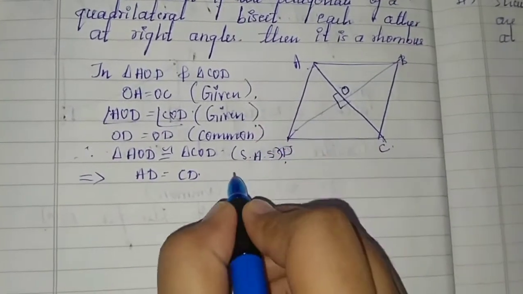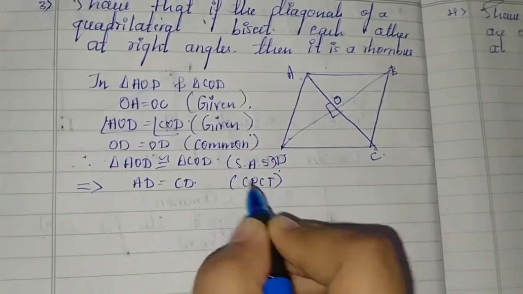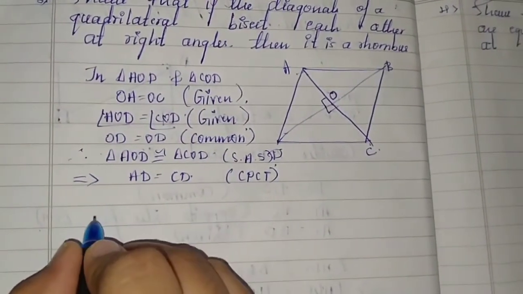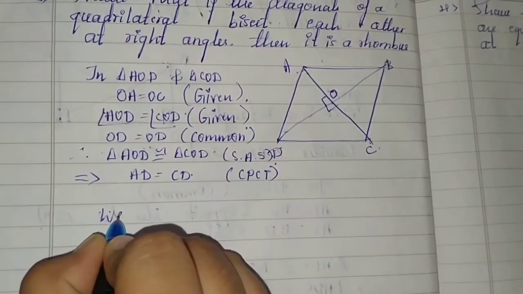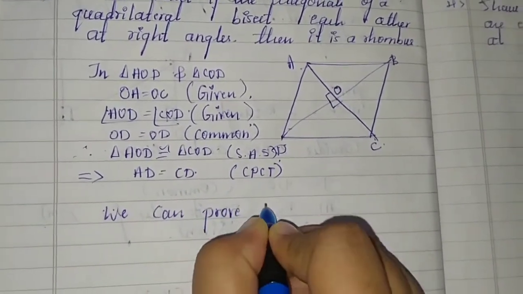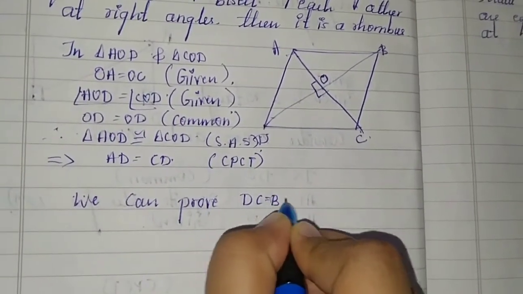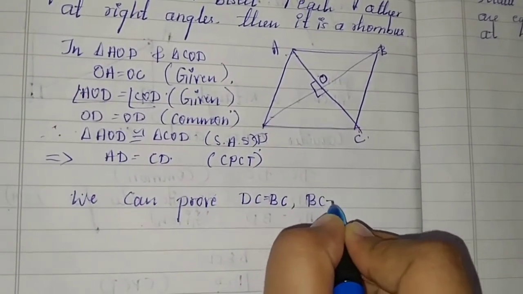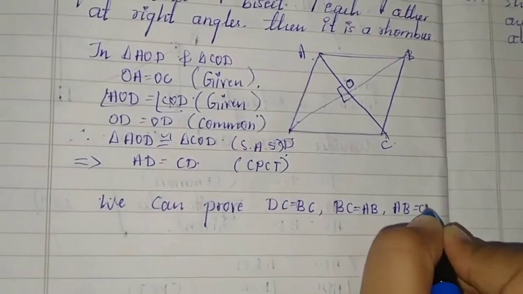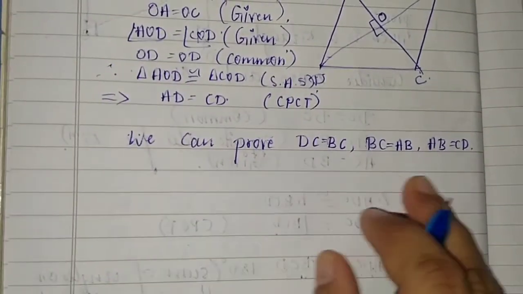So by the CPCT rule, AD is equal to CD. Similarly we can prove DC is equal to BC, BC is equal to AB, and AB is equal to CD.